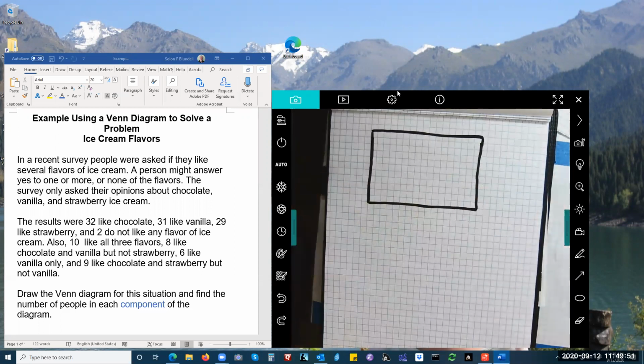And this box represents the set of all the people who took the survey.